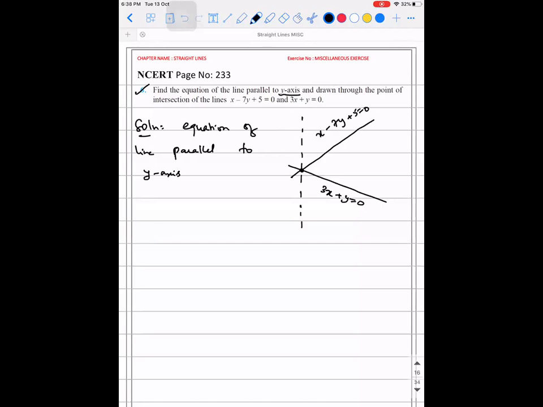The equation of line which is parallel to y-axis: x is equal to constant is the equation of line. So solve these two lines and tell me what answer you are getting. x minus 7y plus 5 is equal to 0, 3x plus y is equal to 0.